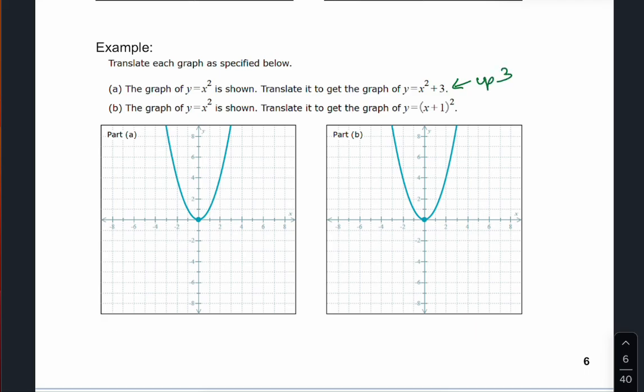Let's take this graph over here, dot out those nice points, and pick them all up and scooch them all up 3. So if we pick this one, it goes here and here and here, and it looks something like that.